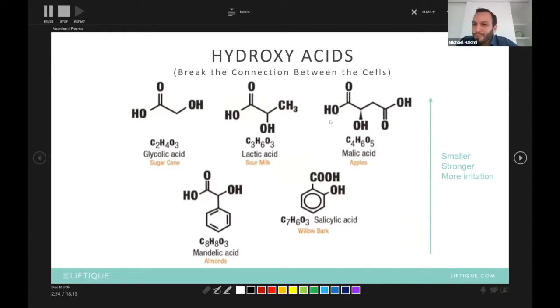So it's sort of a moisturizer too. For those of you with dry skin, when you look at different skincare, if it contains malic acid, you can be assured that not only are you using a hydroxy acid to get rid of your old skin, but you're also helping your skin get moist and softer because these molecules attract more water.